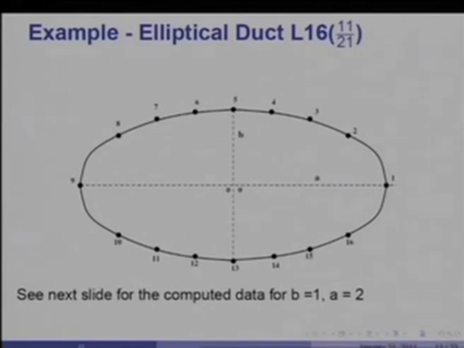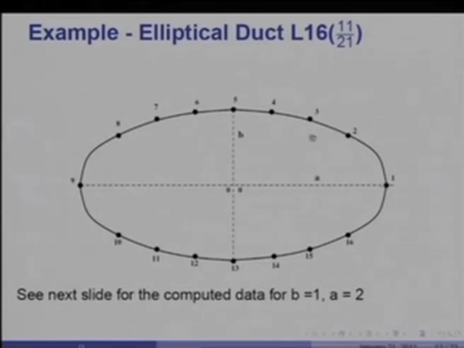So, let us take first of all an elliptical duct as shown, the origin 0 0, its major axis is A and its minor axis is B, and in this particular case I have taken A equal to 2 and B equal to 1, and as you can see I have chosen 17 boundary points. They need not be equally spaced, although I have taken them to be equally spaced, but they need not be.